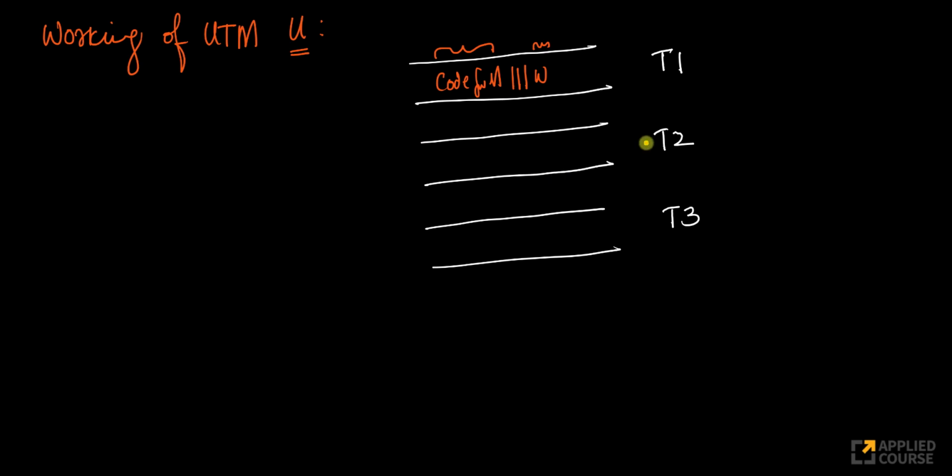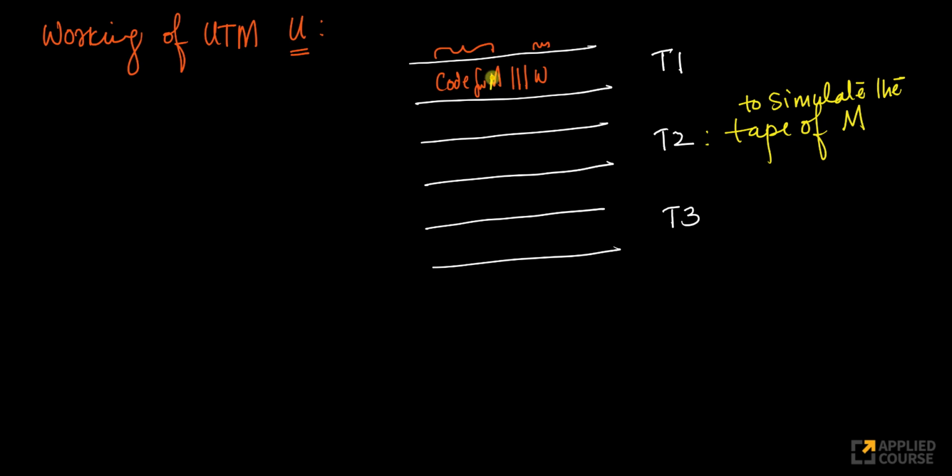I'll use my tape 2 as the tape of Turing machine M. Look at this. I have a Turing machine M here, and this M also has a tape internally. If I have to simulate this M, I need to simulate the tape of M. So I will use tape 2 to simulate the tape of the Turing machine M here.